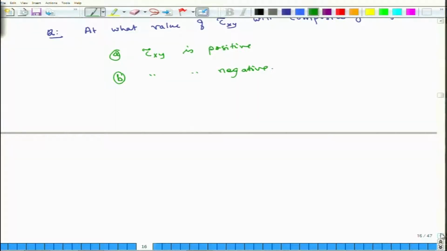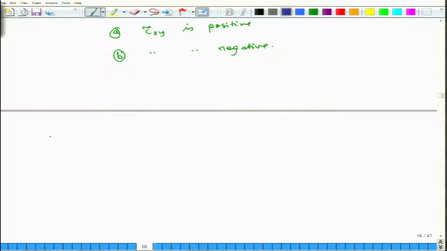So, we make a table. Whether it is positive or negative, we have to calculate sigma L, and sigma L is tau xy sin 2 theta, sigma T is minus tau xy sin 2 theta, and tau LT is tau xy cos 2 theta.